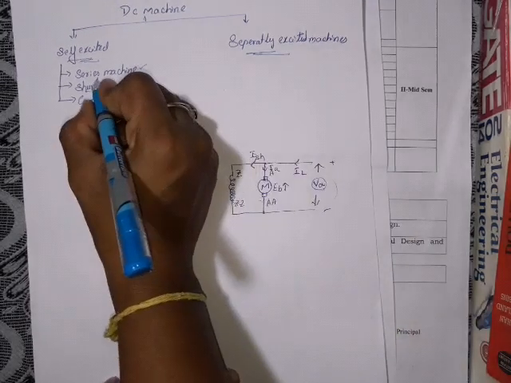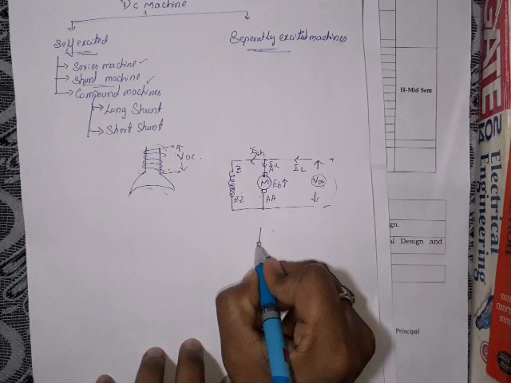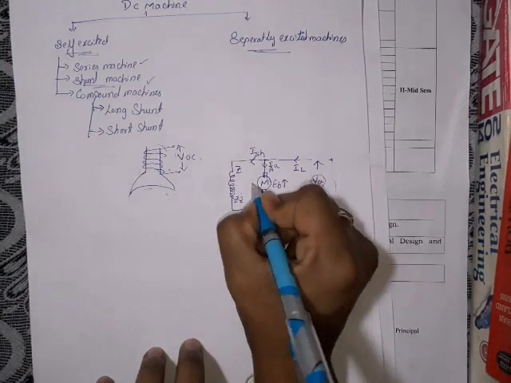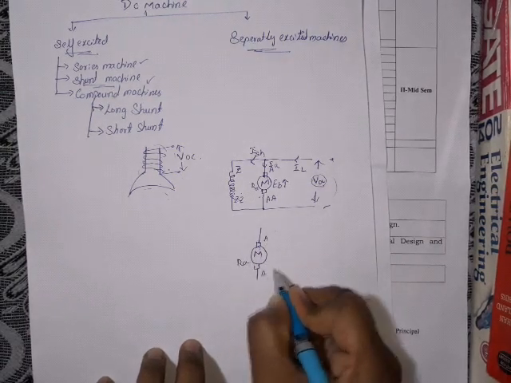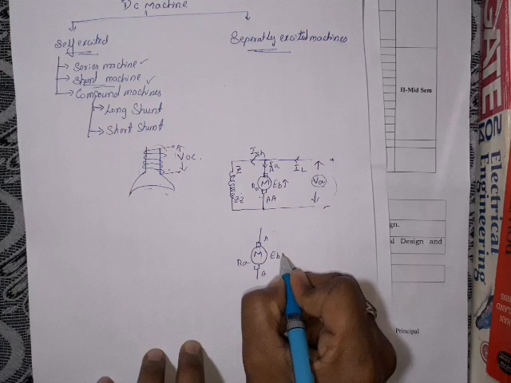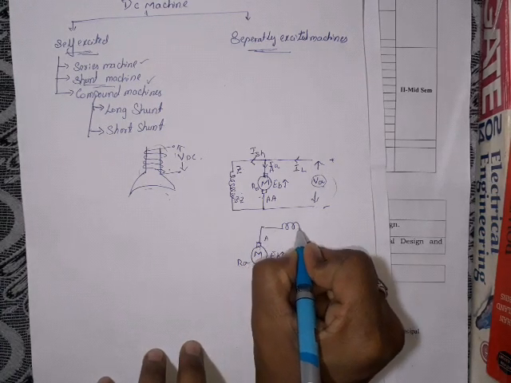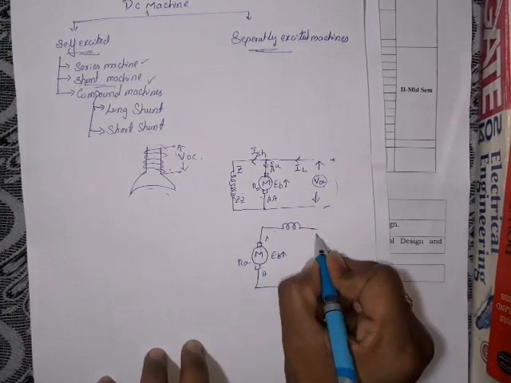Right? We'll come to the series machine. Series machine, same thing. So here we have armature, RA, AA, EB. Series machine means the field windings are connected in series with the armature of the motor.